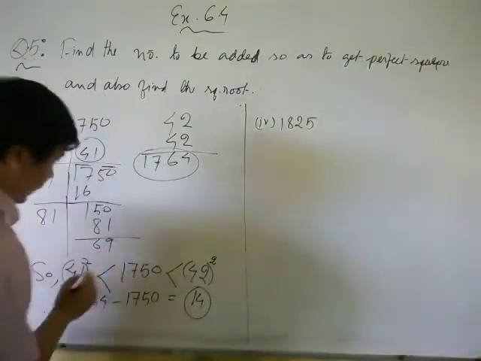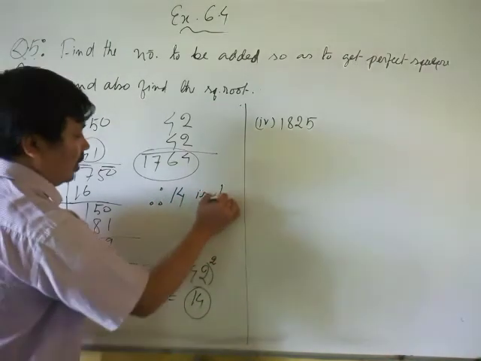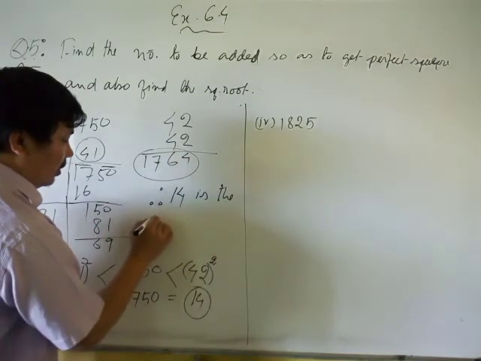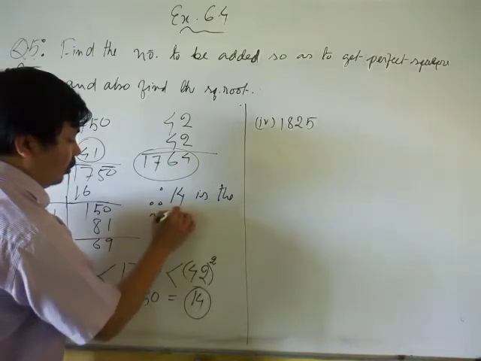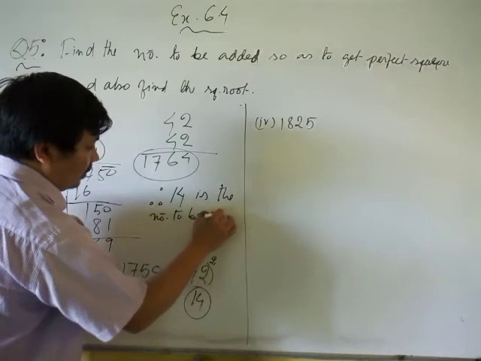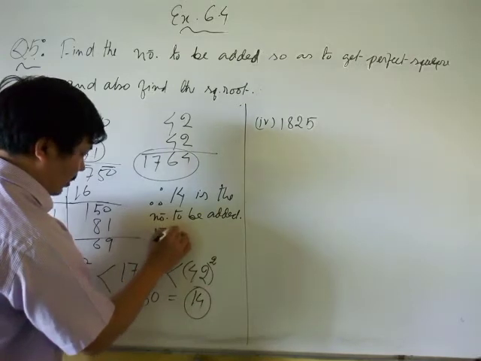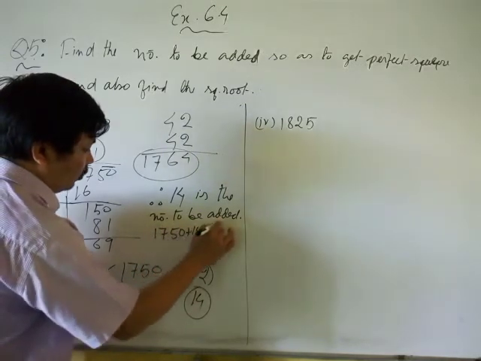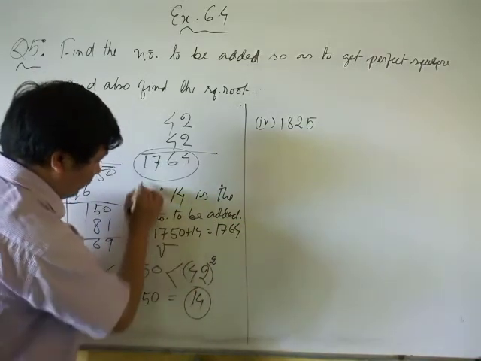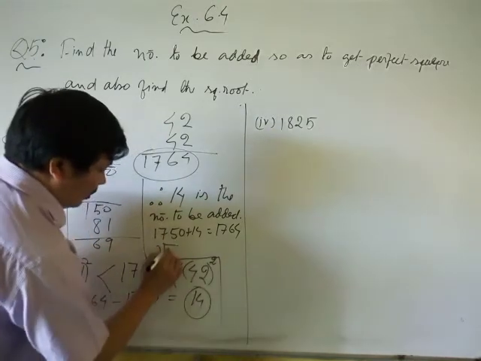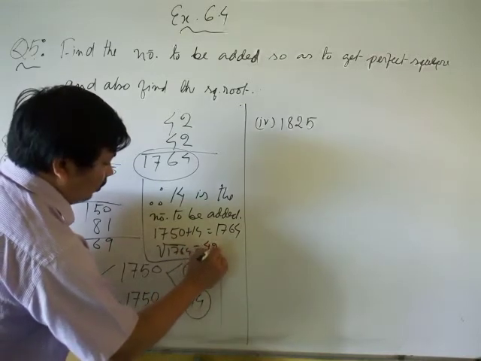So 14 is the number to be added. That is, 1750 plus 14 is 1764. Then the square root of 1764 is equal to how much?